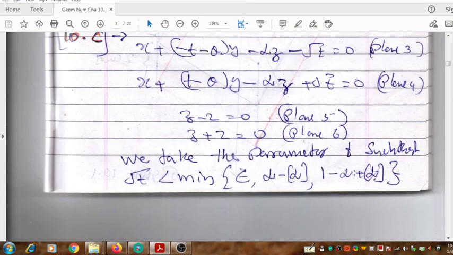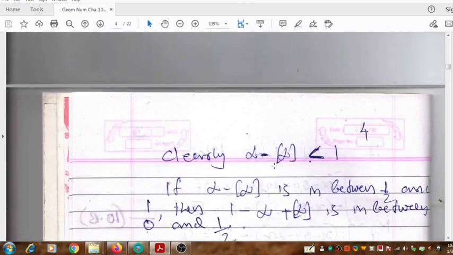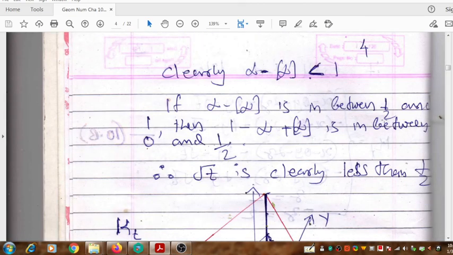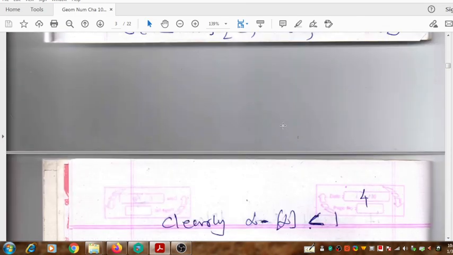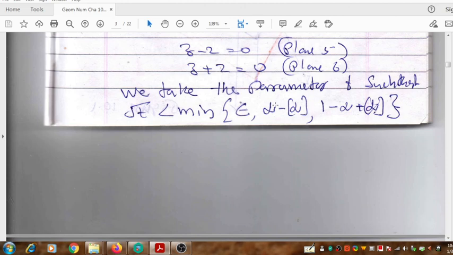It is because one of the quantities is less than 1 by 2, so we get that root t is less than 1 by 2. In the remaining situation, if alpha minus alpha in square bracket is less than 1 by 2, then also we get that root t is less than 1 by 2, because we take the minimum.